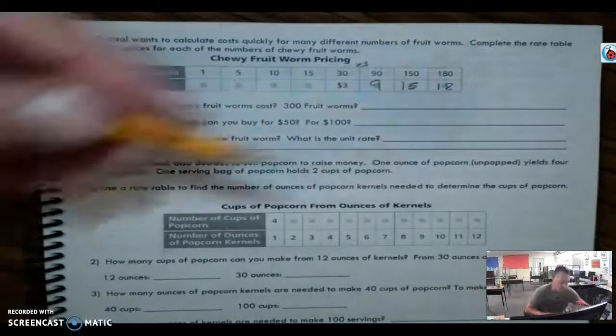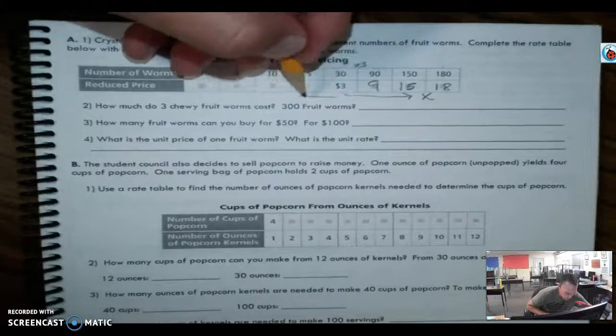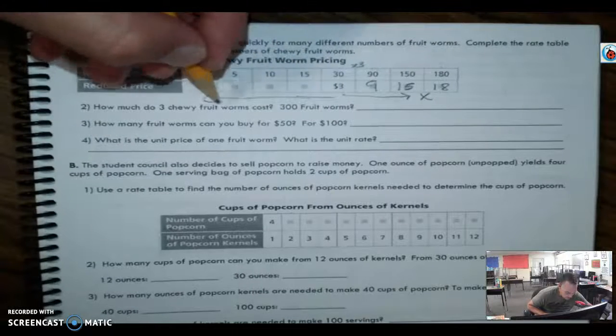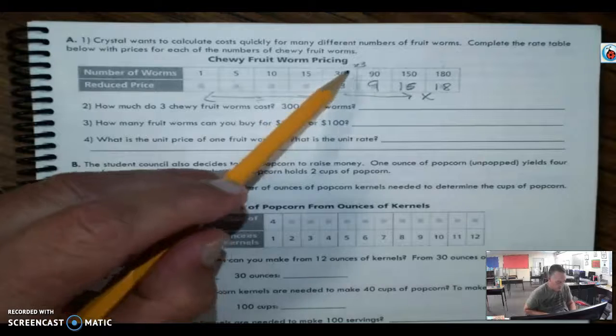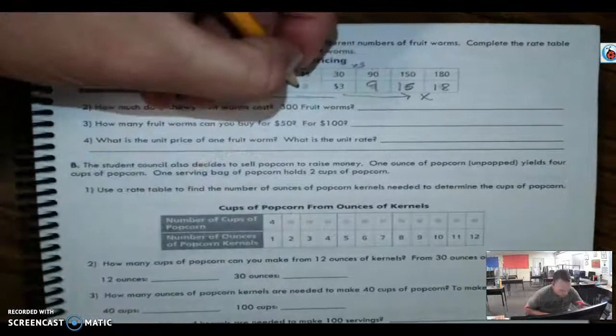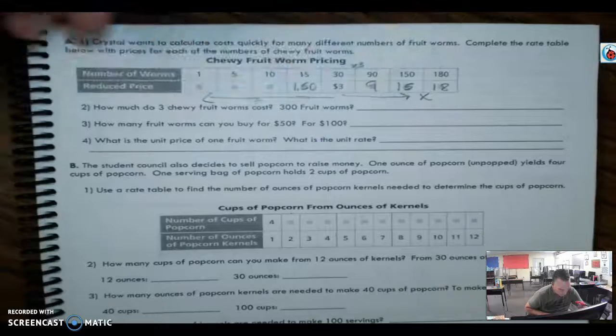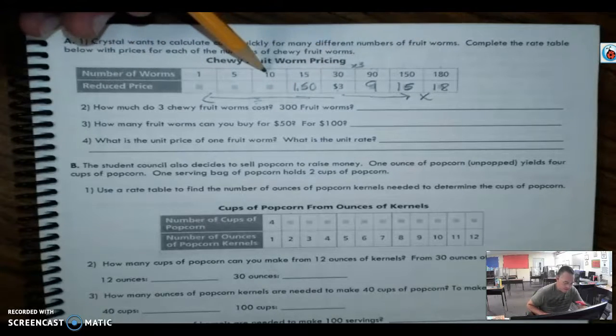Now on the right we multiply, so in this direction we're going to multiply. Well, in this direction over here, right, we're going to divide. Okay, so 30 divided by 2 is 15. 3 divided by 2 is going to be 1.5. 30 divided by what is 10?